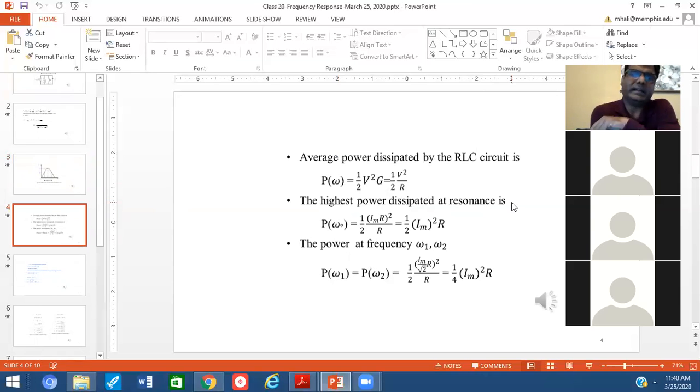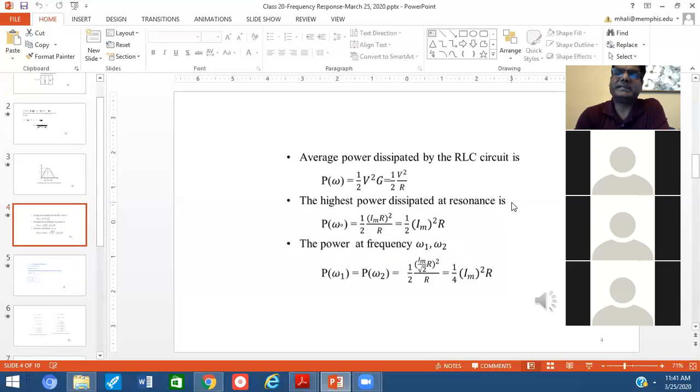Before going to that calculation, I have written for you the average power dissipated by the RLC parallel circuit, P omega, at the resonance point, which is V squared multiplied by G. You remember that G means conductance. Because this is a parallel circuit, it is multiplied by G.